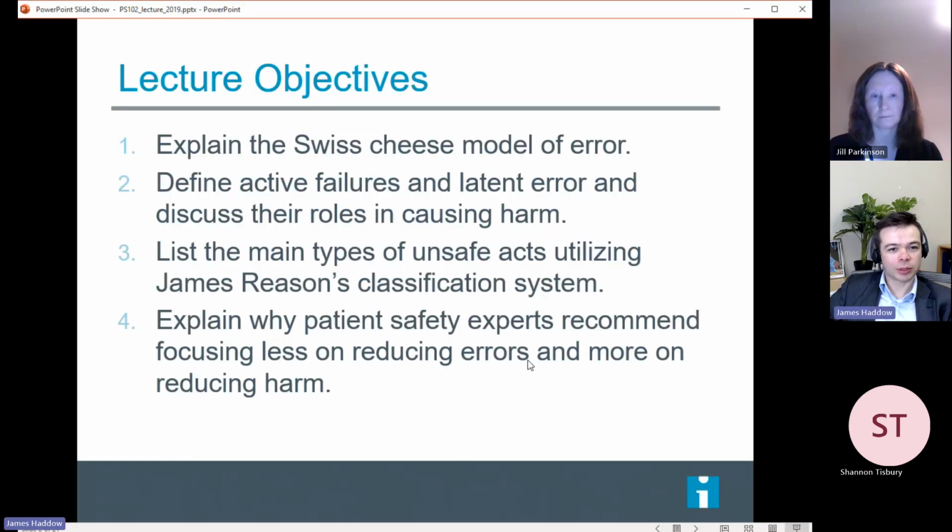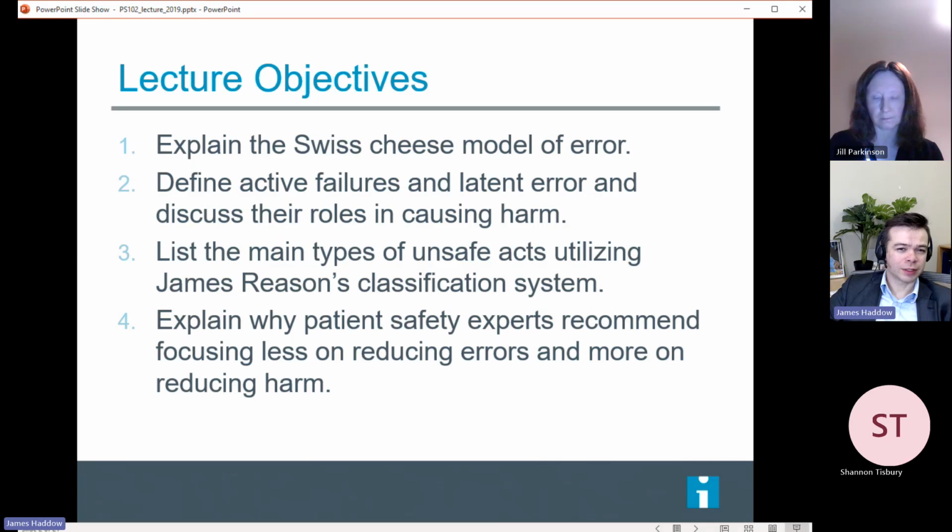So we're going to talk about the Swiss cheese model, which is a pretty old model now, but still works most of the time in helping us understand safety issues.